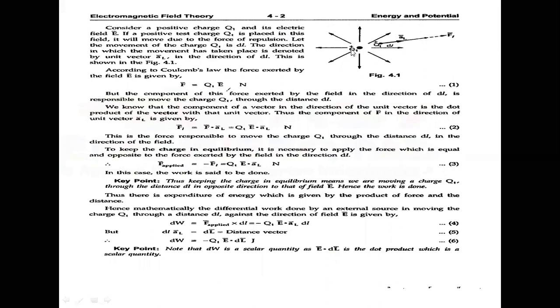Due to the force of Q1, Q2 is moved in the opposite direction. Let the movement of charge Q2 be dL. The direction in which the movement has taken place is denoted by the unit vector aL bar in the direction of dL.